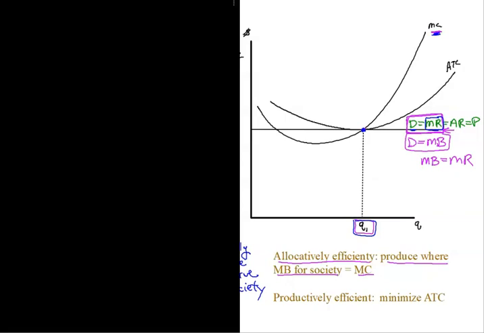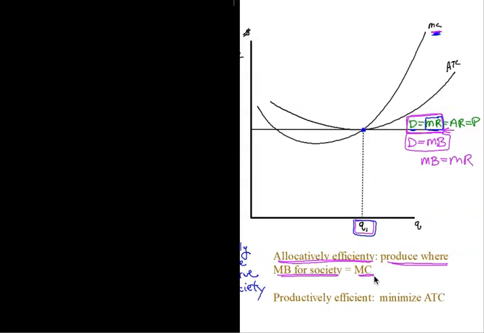And that is why the firm in pure competition is allocatively efficient. They produce exactly where the marginal benefit equals the marginal cost. Let me turn that into everyday language. What that really means is that the firm will produce the exact amount of the good that society wants. That's what it means to be allocatively efficient.